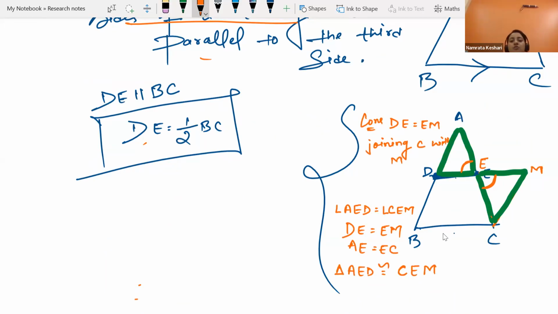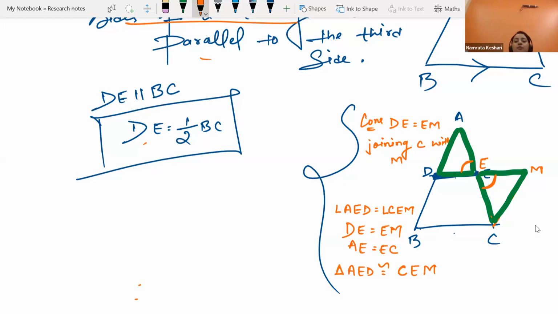These two triangles we have proved; it was very simple for us to prove using vertically opposite angle, construction, and the midpoint. These three we have used from the data, and we proved that this triangle and that triangle are congruent with each other.